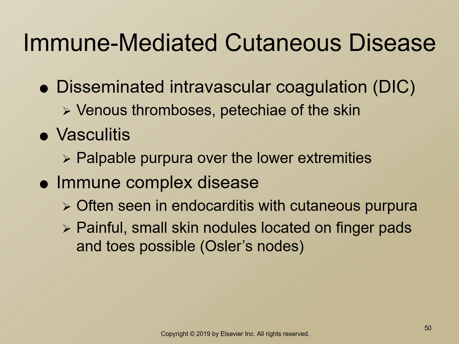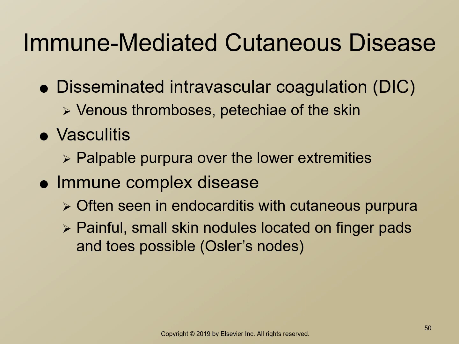Cutaneous vasculitis has been associated with various organisms including Streptococci, Staphylococci, Legionella, Rickettsia, and Yersinia. Infection-related immune complex-induced cutaneous disease is often seen in endocarditis, with cutaneous purpura being the most common skin manifestation.